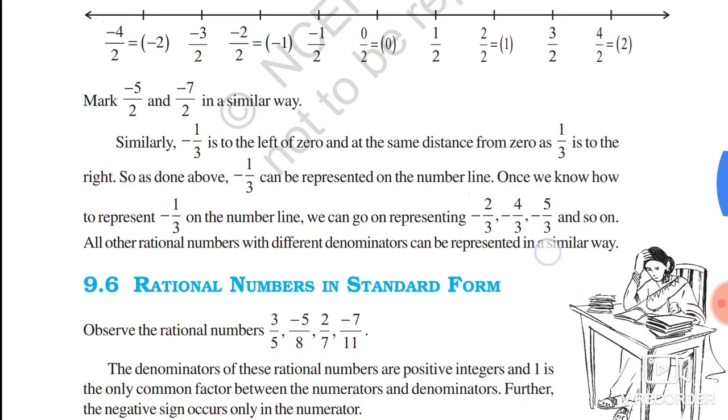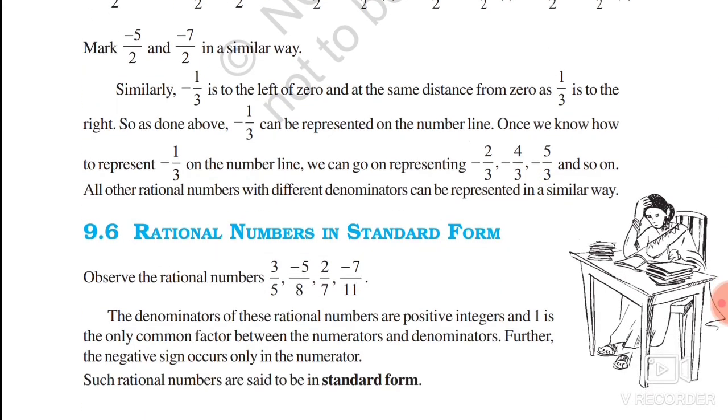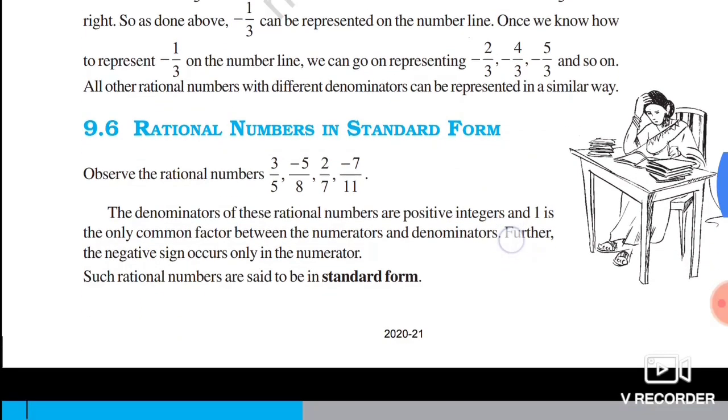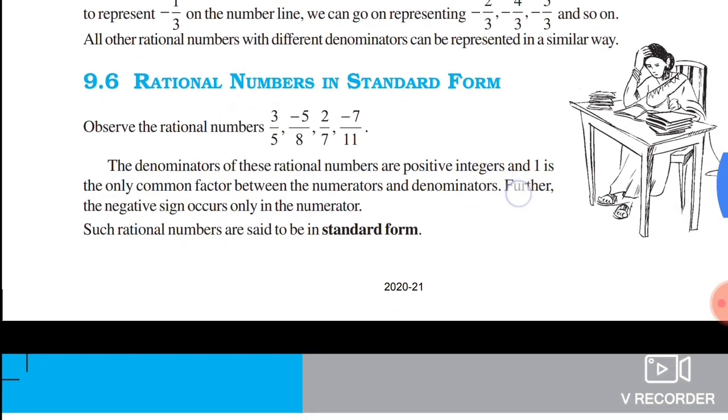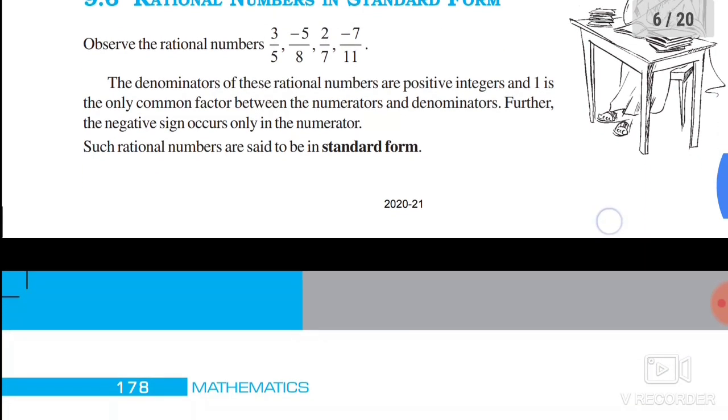Next in this chapter, it is given that rational numbers in standard form. What is a rational number in standard form? Here we can see the definition: a rational number is said to be in standard form if its denominator is a positive integer.